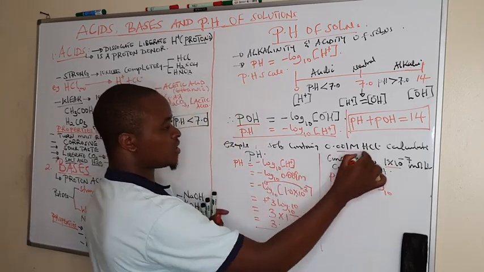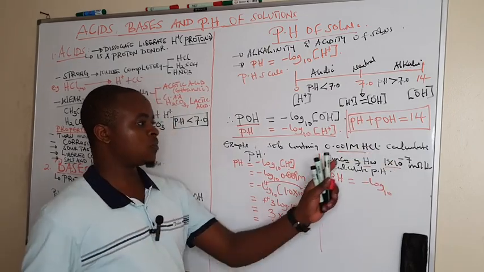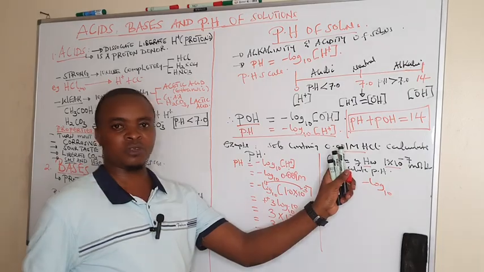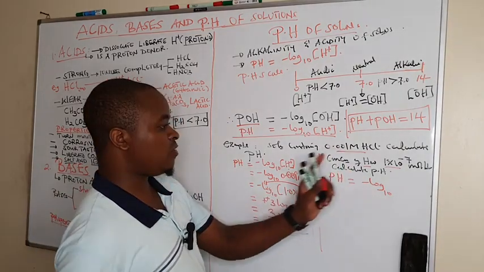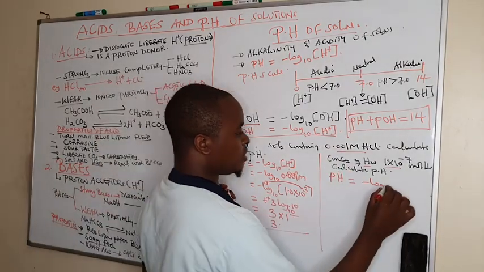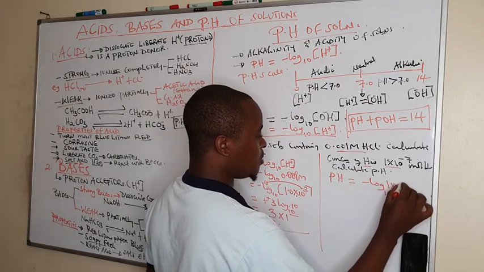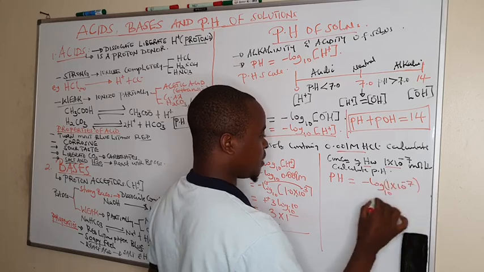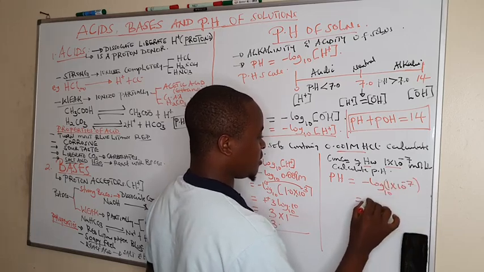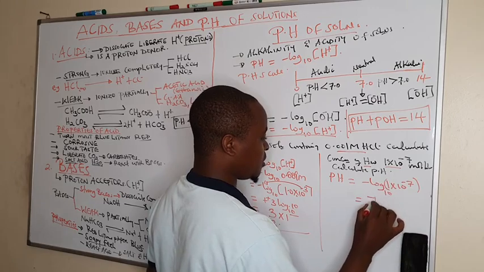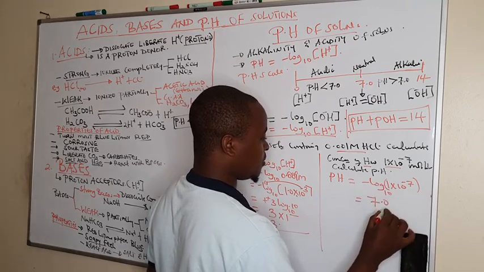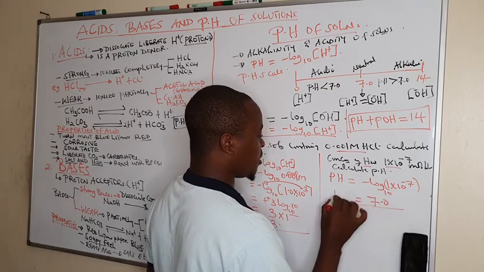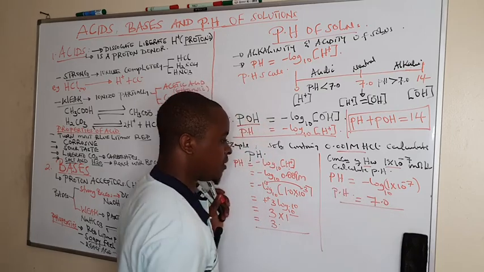Even in water, the concentration is going to be 1 times 10 to the power negative 7. And this shall give us a pH of 7.0. So the pH of neutral water is 7.